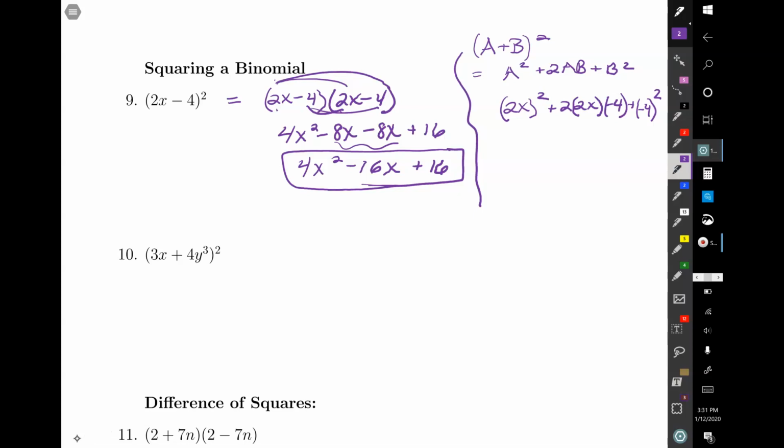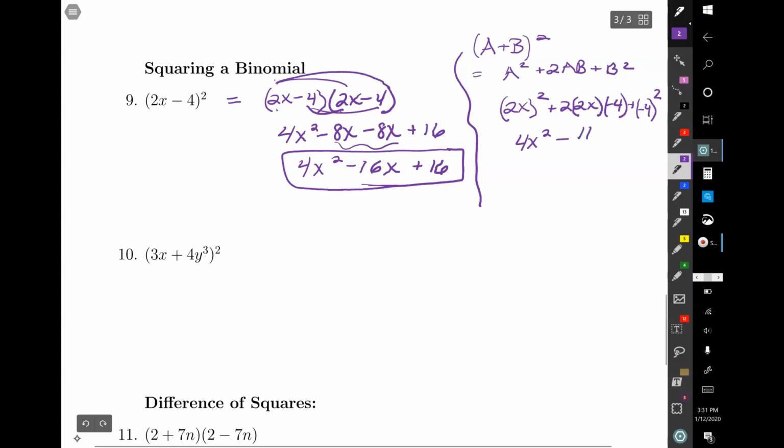So when we go ahead and simplify all that, we're going to get 2x all squared, so that's our 4x squared, plus 2 times 2x times negative 4, so that gives us our minus 16x.